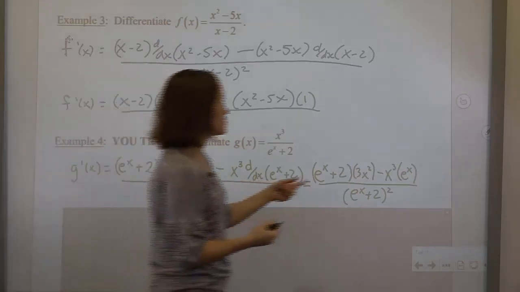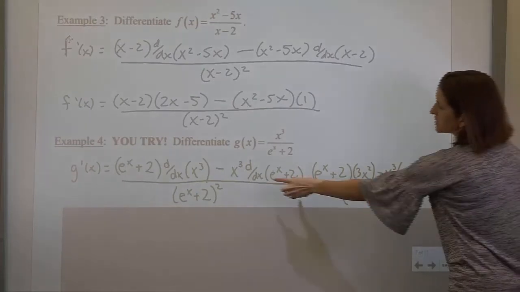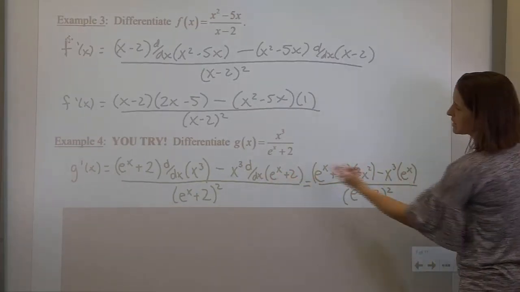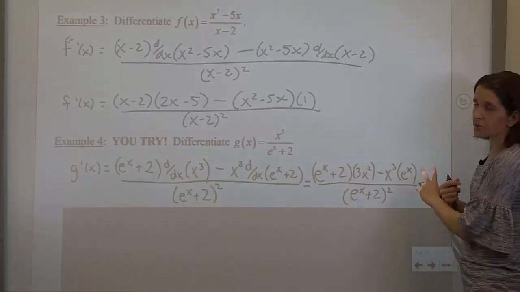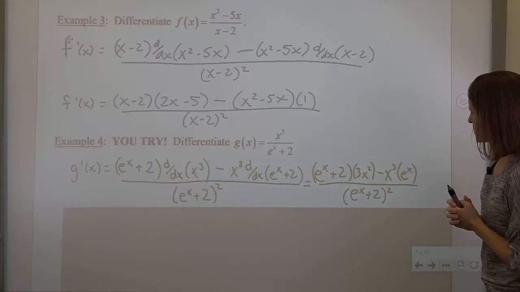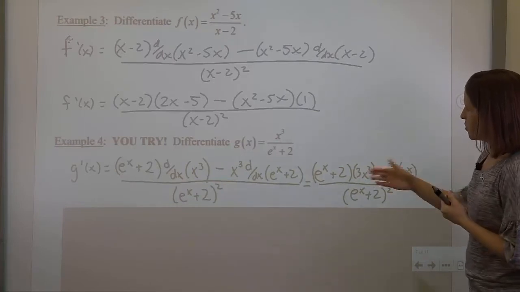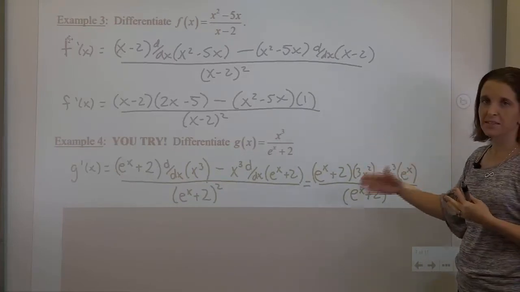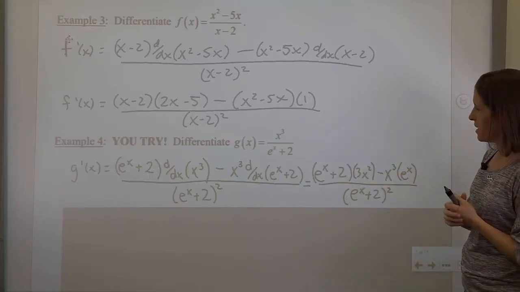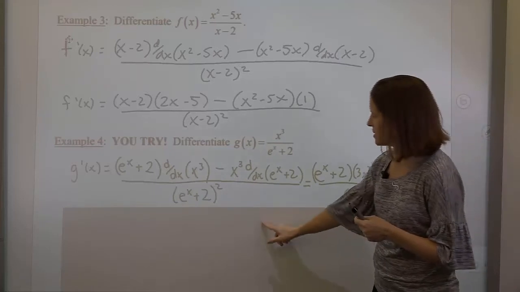Here are the power rules. And then for our other d dx, it's e to the x plus 2. The derivative of e to the x is e to the x, and of course the derivative of 2 is 0. So that's why that looks that way. And then over the bottom squared. And so we could do some foiling, but nothing is going to actually cancel with the denominator, so it's not really going to get us anywhere, and we can leave it just like that.